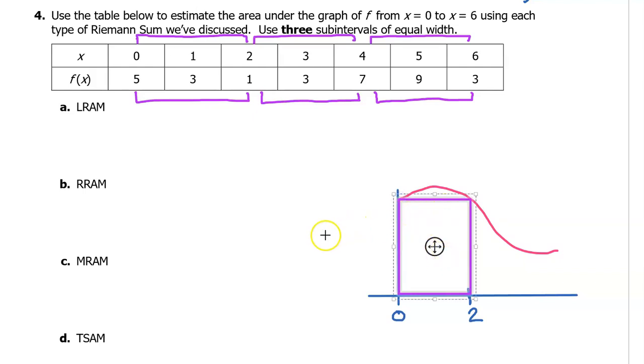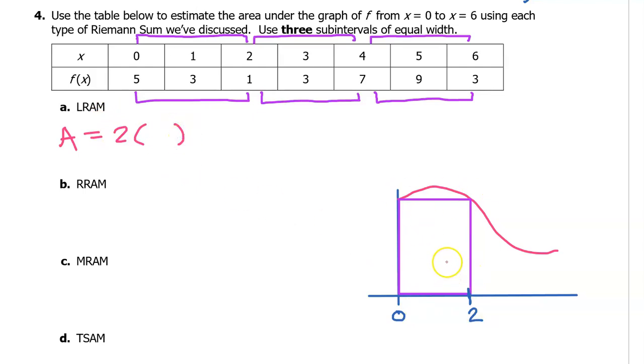So this rectangle will be used to estimate the area under the curve for the first interval. So for our Riemann sum calculation, we need the area of this first rectangle. So base times height. So obviously the base is going to be the width of this rectangle from 0 to 2, and that's going to be 2. So that's the base.